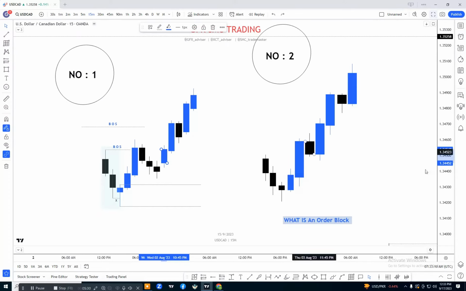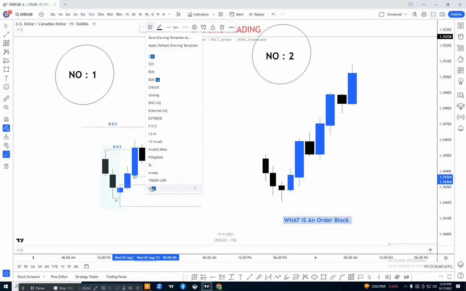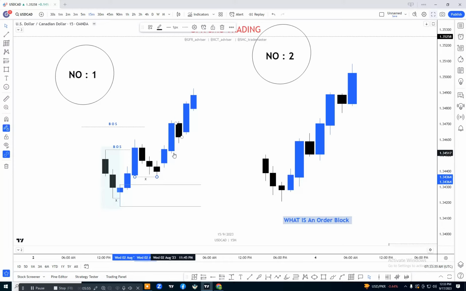Now if we switch into the next move like this, where's our next order block? As I said, the candle which will grab the left side liquidity or left candle low will be considered as our order block. You can see this candle which grabbed this candle and this candle low, which means the liquidity is grabbed with that candle, so that candle will be considered as our bullish order block.